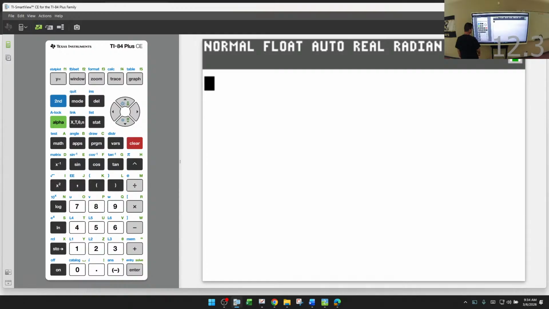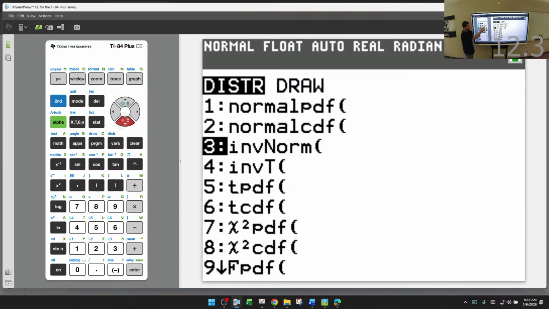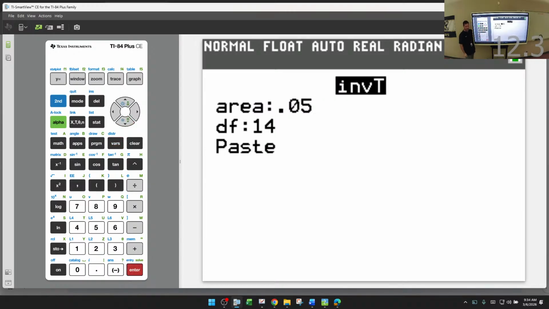Calculator. And either use Desmos or use your table, Coach Mayer program, or inverse T. If you do inverse T for 90%, this is the trick. If you're going to go inverse T for a 90% confidence interval, you've got to do 0.05. 90% leaves 10% left over, which is 5%, 5%.